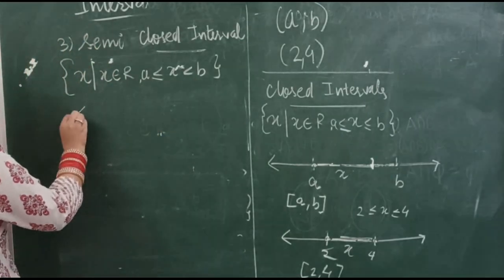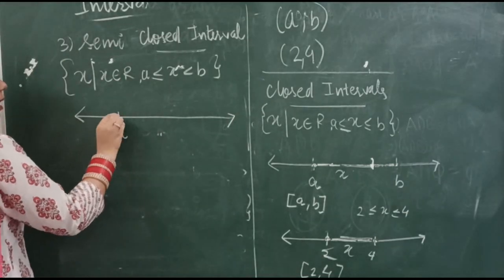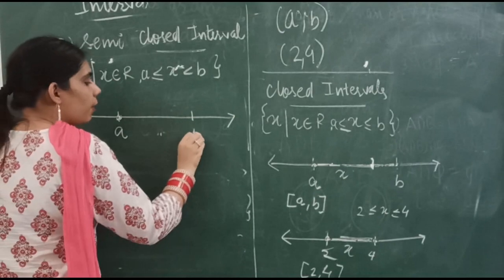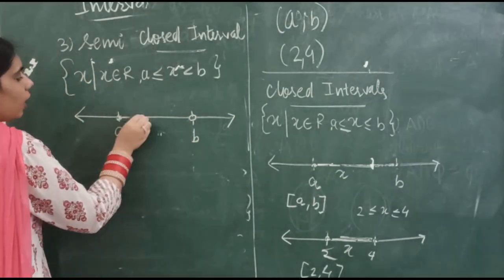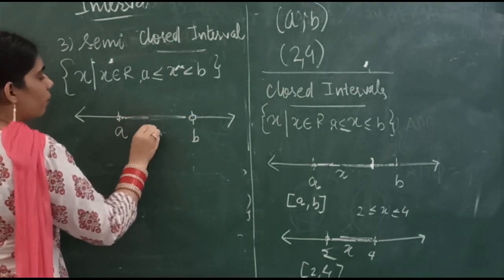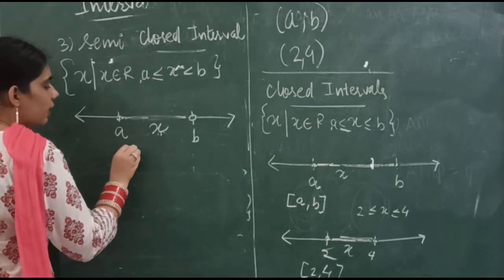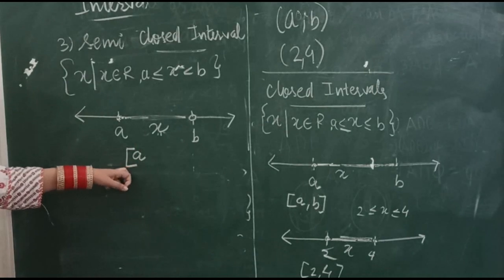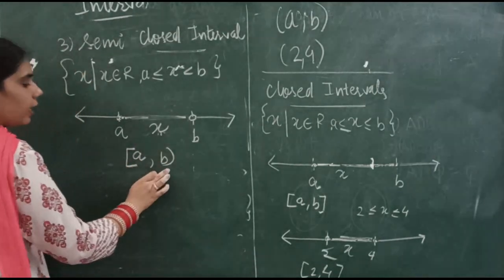And how will I represent it? Where it is closed, there I will put a solid dot, and where it is open, I will put an open, empty hole. And I will just bold this. This is how I will represent it. And when I have to represent it as a set, I will simply put a square bracket here and this bracket here.